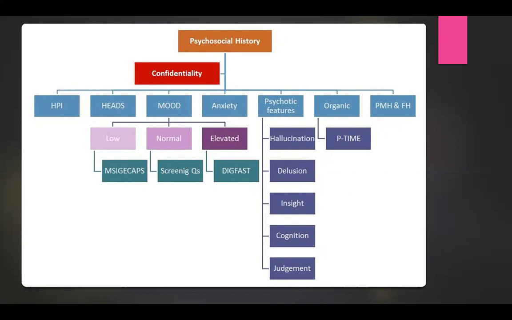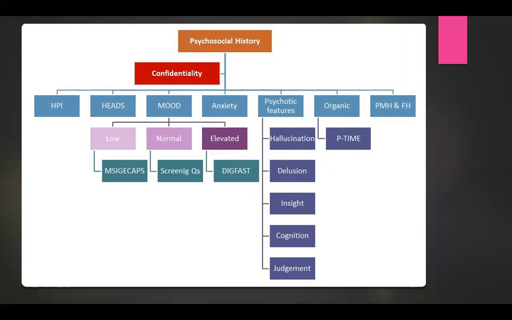It says 2 weeks. Then we have to ask the trigger, anything that happened that might have led to this. Then we have measures applied. Have you tried anything? Have you done anything to make yourself feel better?